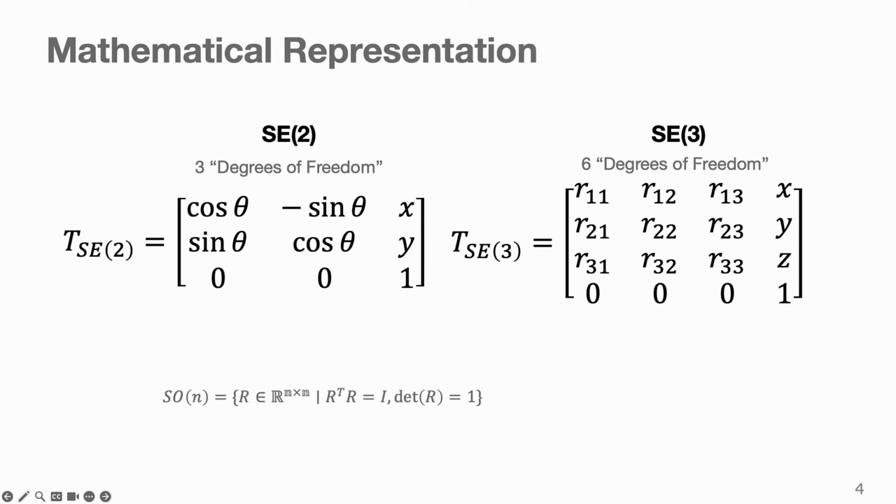We represent this with a rotation matrix built from sines and cosines, as well as a translational vector. On the right side, you see the equivalent for the drone, or for SE3, where we scale this to 6 degrees of freedom. Now we have 3 values for the translation and 3 for rotation.